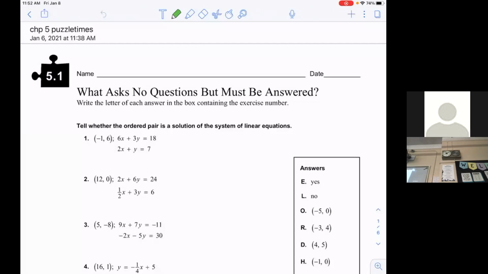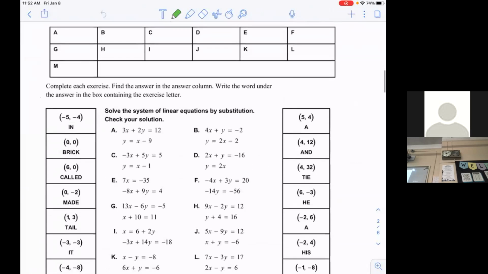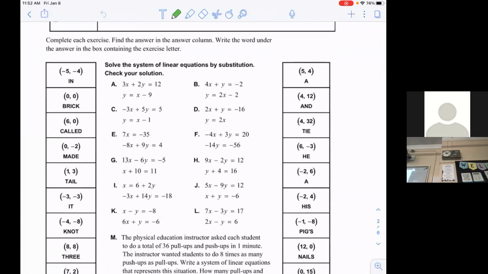So you need to turn your graph paper in for your work for puzzle time number 1. So don't forget that. But we're moving on to puzzle time number 2. Unfortunately, in puzzle time number 2, there is no room for the work I want to see. So that means I need to see your work on another sheet of paper. So please, on another sheet of paper, please clearly label it as 5.2 puzzle time or something like that.